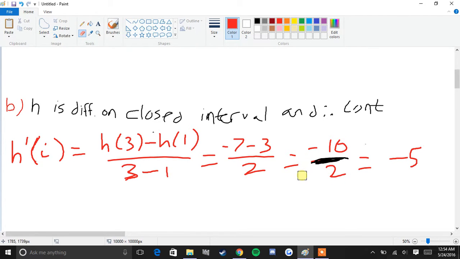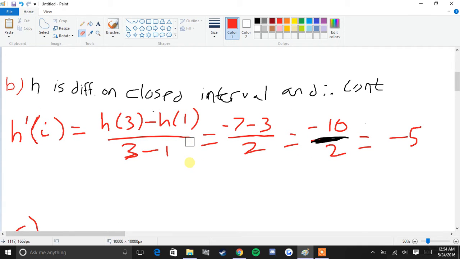Now, since we showed h prime of c equals -5, we can go ahead and explain why.